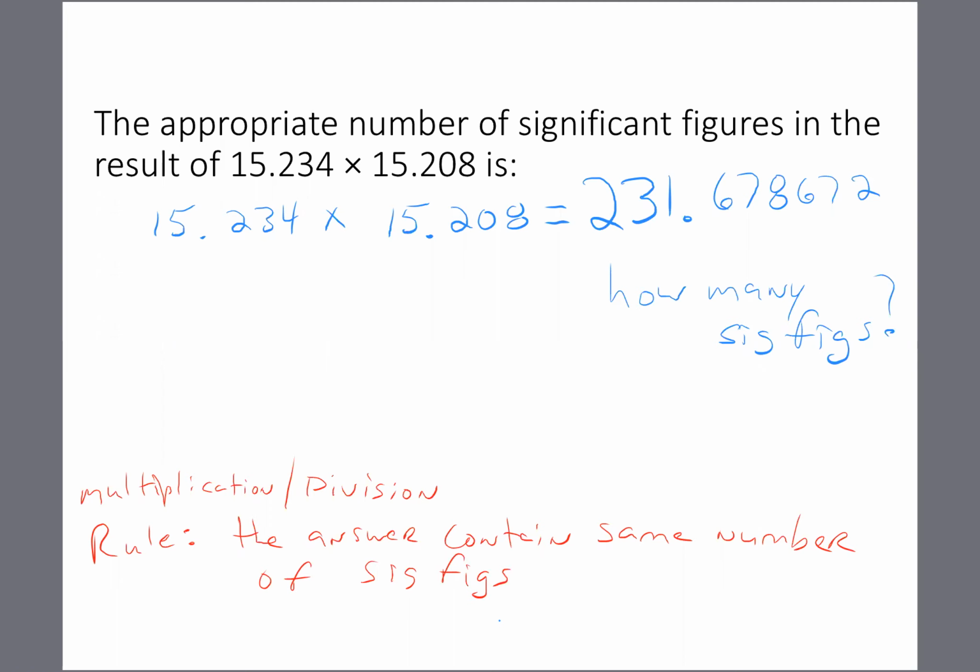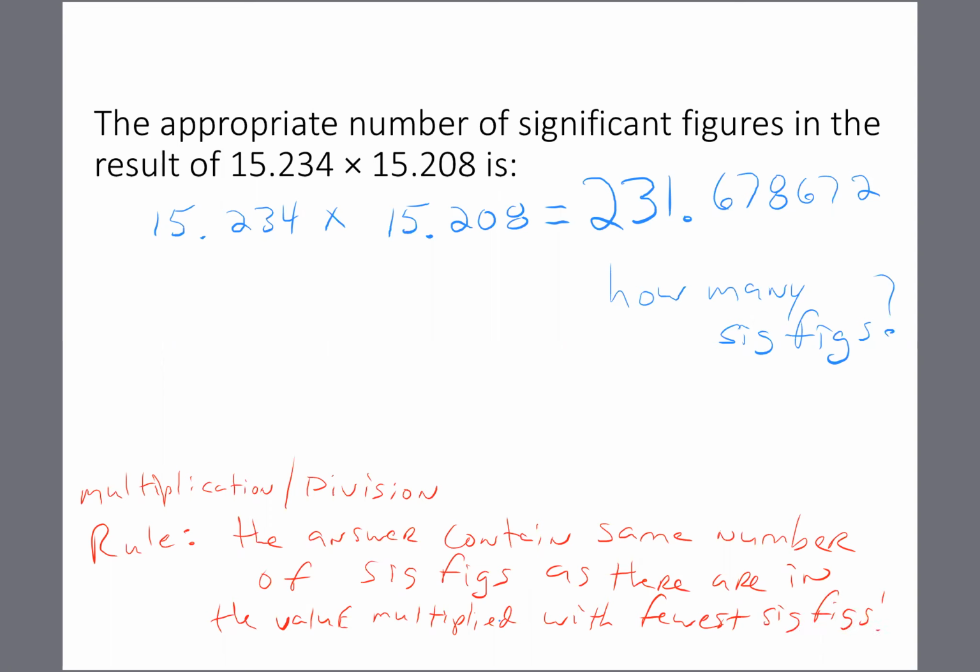Okay, the least precisely known value. Or should contain the same number of sig figs as there are in the value, we'll say here multiplied, with fewest sig figs.